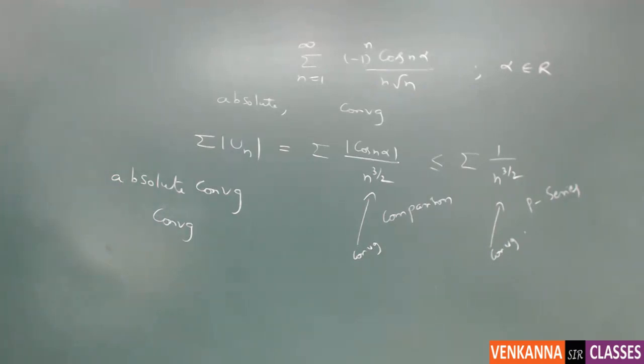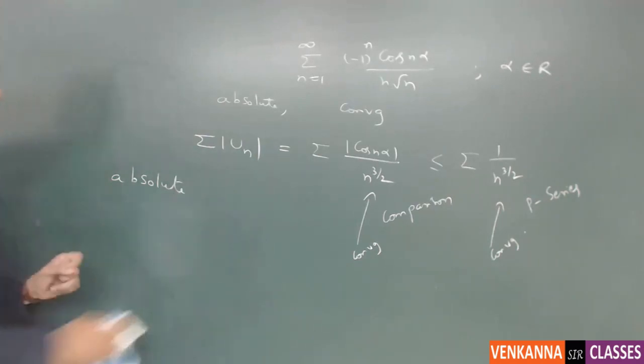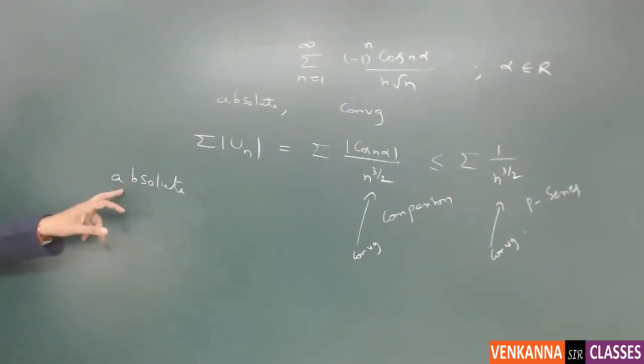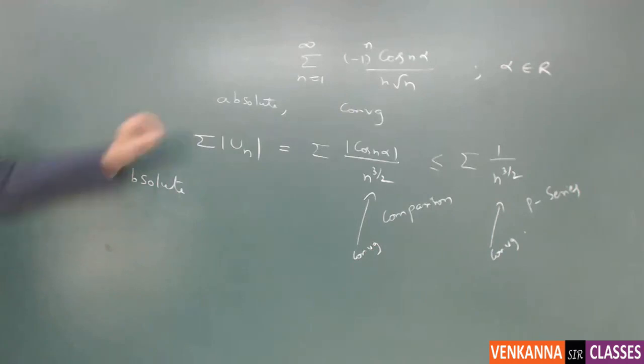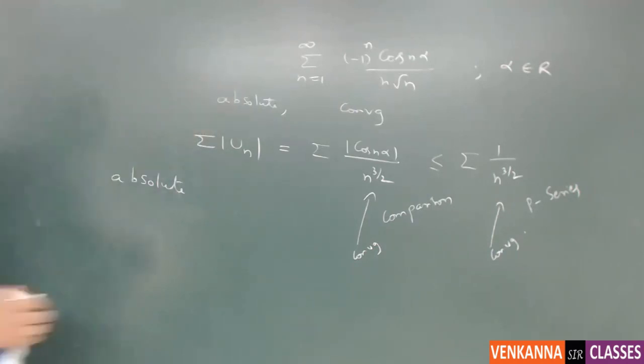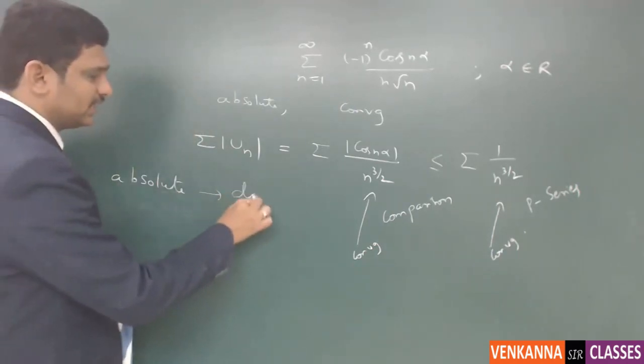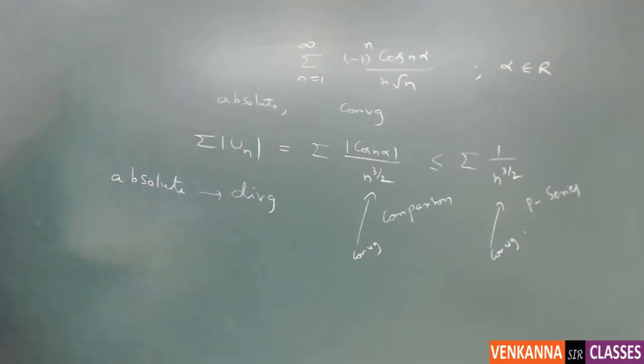Very good question. So you are saying that if I am verifying for absolute convergence, that means if I put modulus there, and the result is divergent, then what about the regular convergence? Is that your question? Yeah.